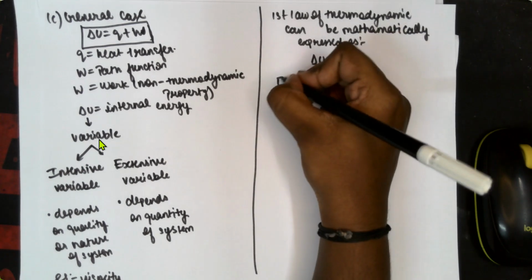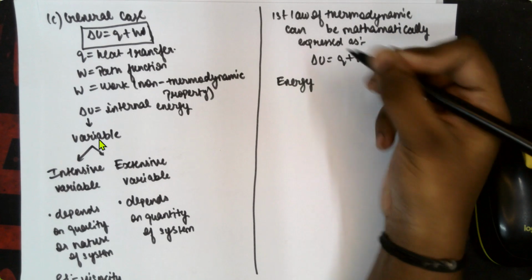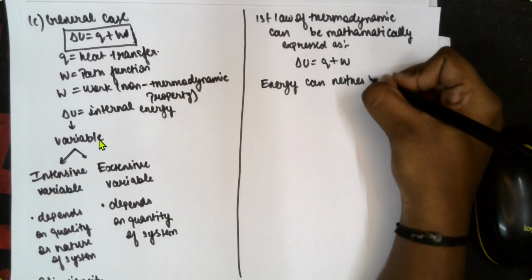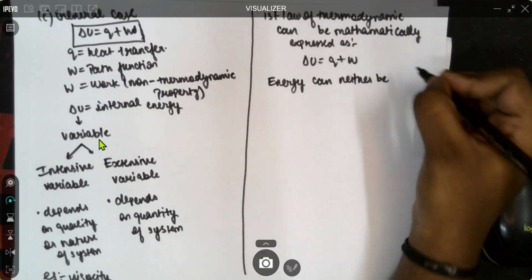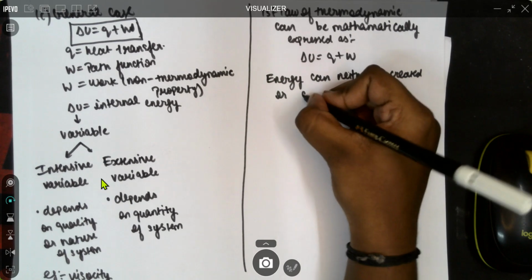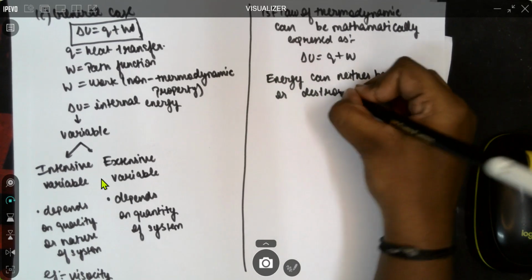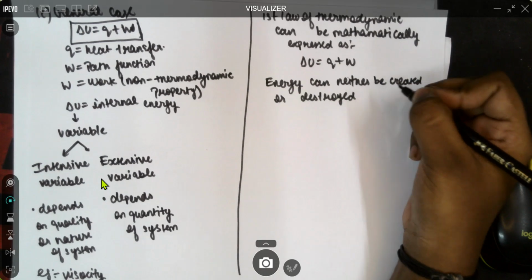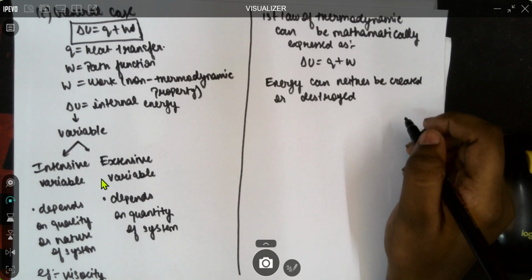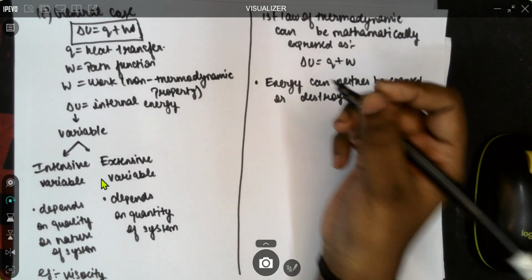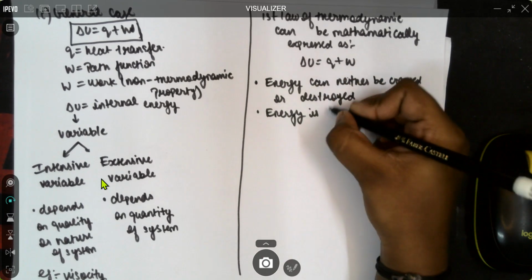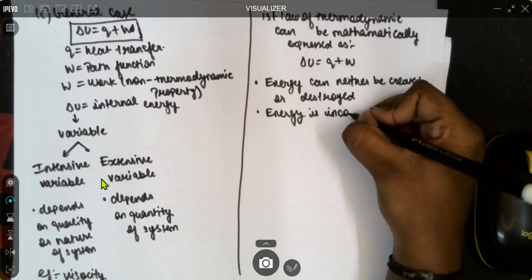One form of energy can be converted into another form. But you cannot claim that you have generated energy out of nothing. After all, you are converting one form into another form. Do you understand? And that is why it is said energy is neither created nor destroyed. Energy is interconvertible. It means one form of energy is converted into another form. So this is the first law of thermodynamics.